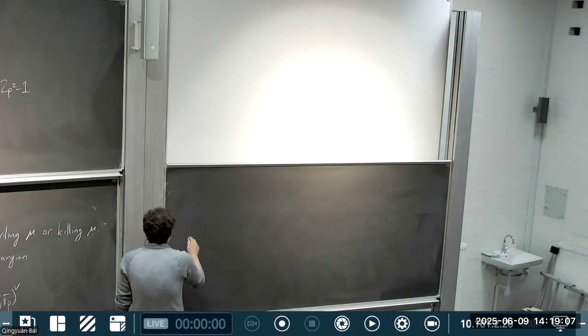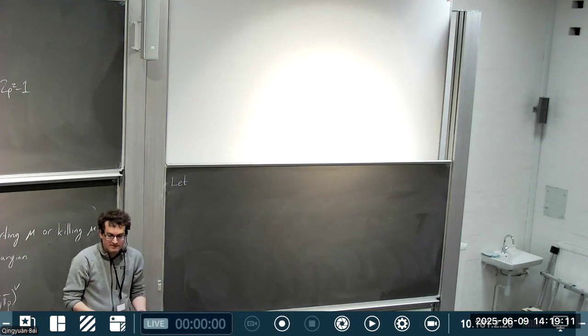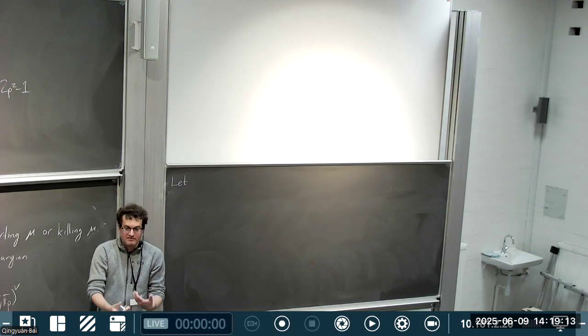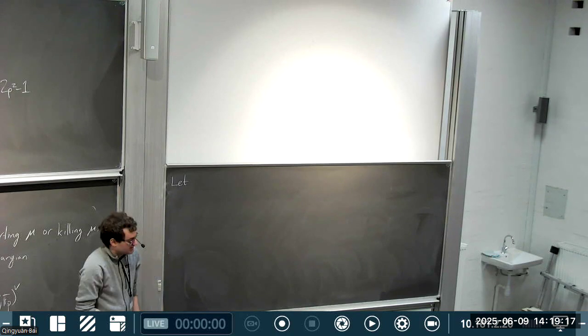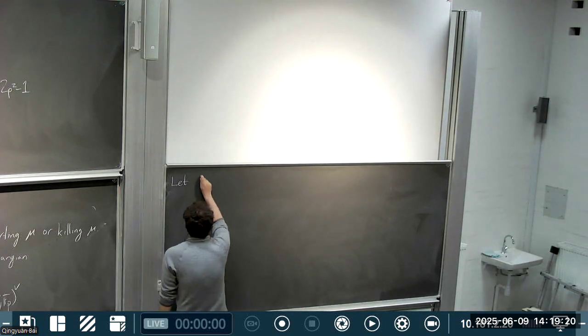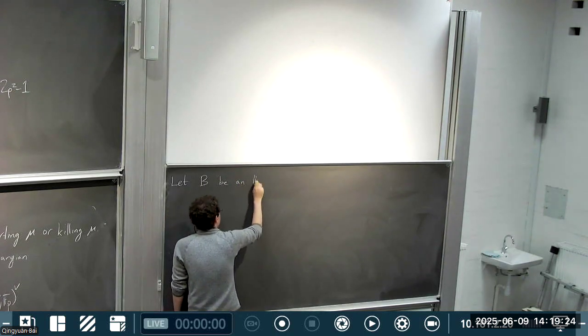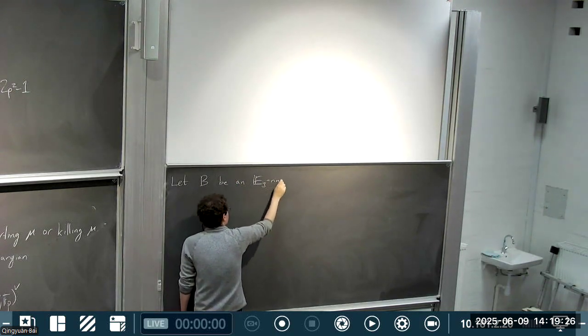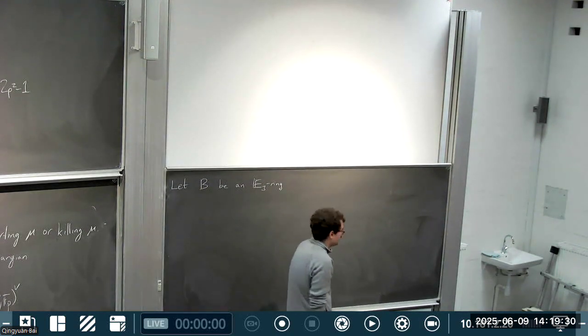Okay, so what is the situation that I think is analogous to the ring of integers in a p-adic number field? I want to give some class of rings. And let's say we have an E3 ring. I think you could easily get away with less than E3, but just for simplicity, we can assume E3.